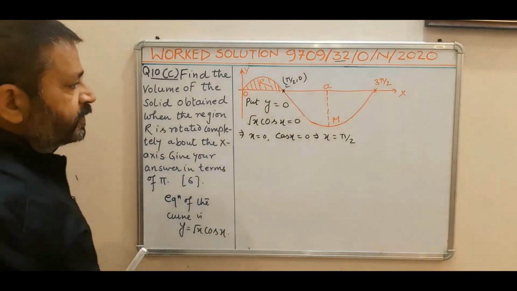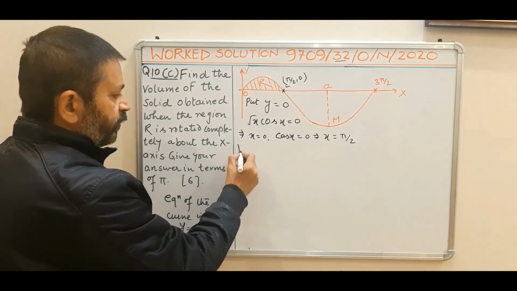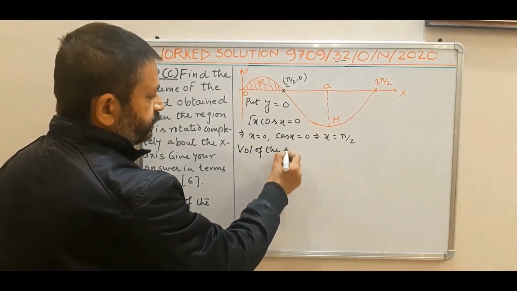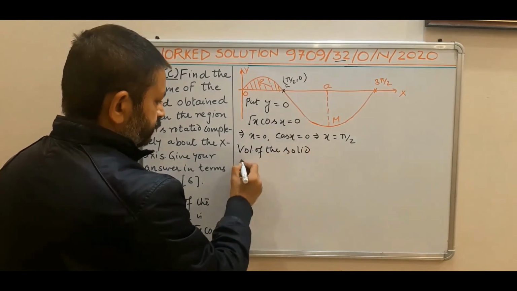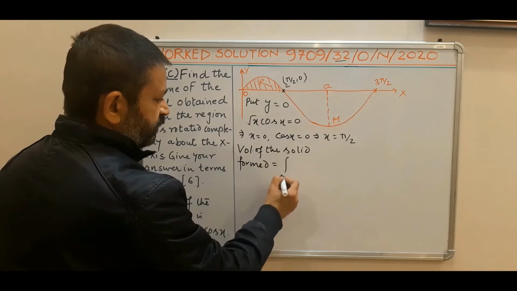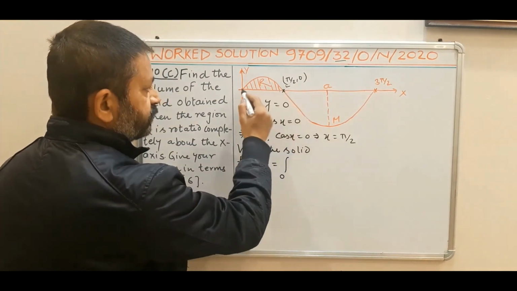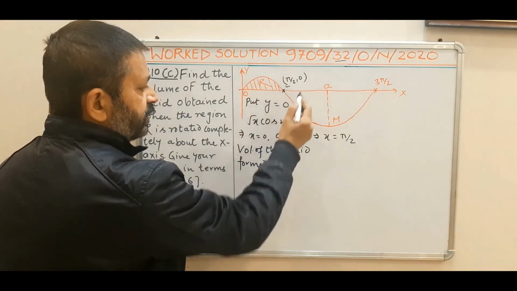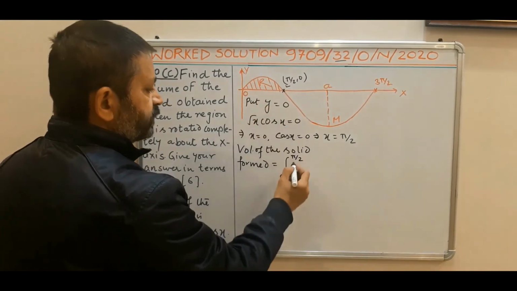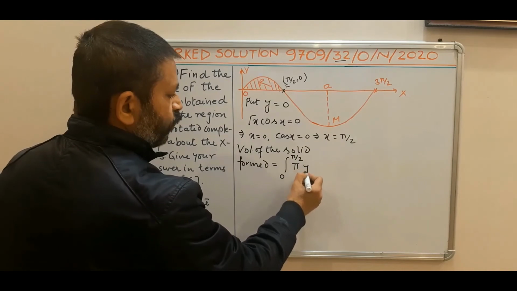Okay. So now the volume of the solid formed is given by integral 0 to pi by 2, because this region R is rotated. So the limit is from 0 to pi by 2, pi y squared dx.